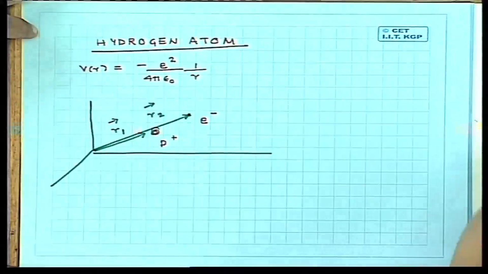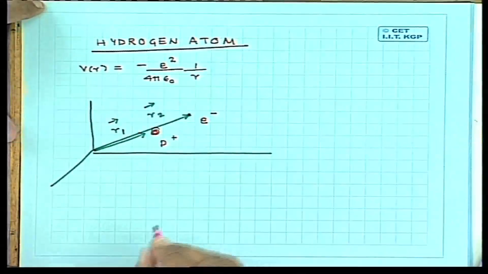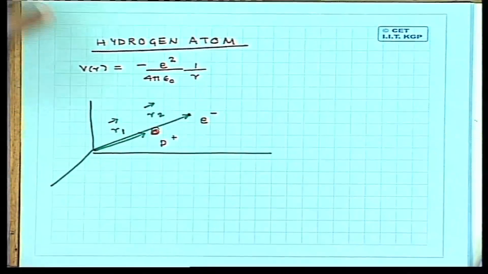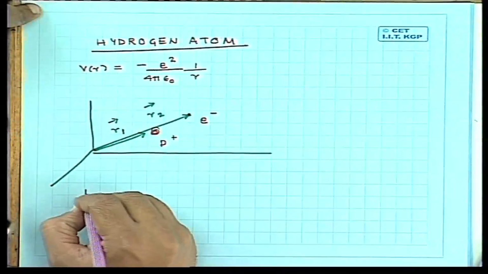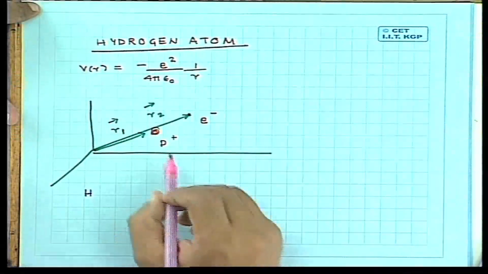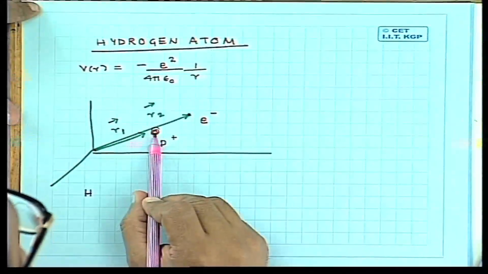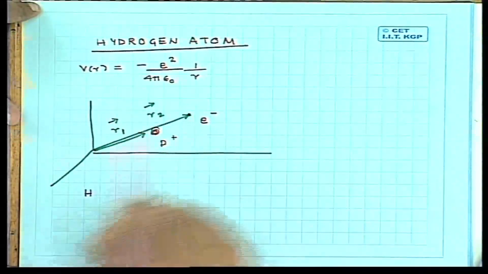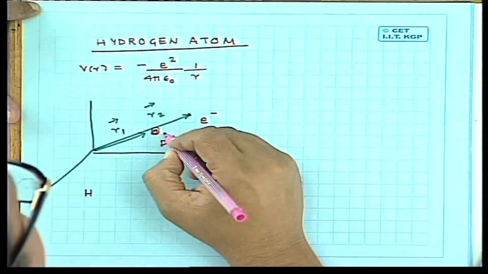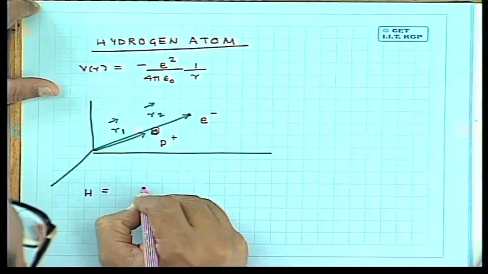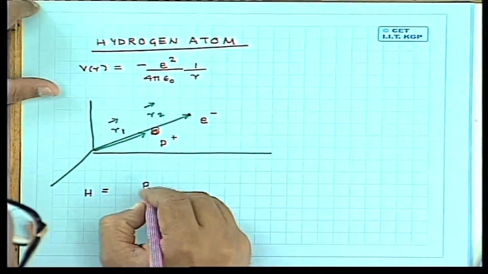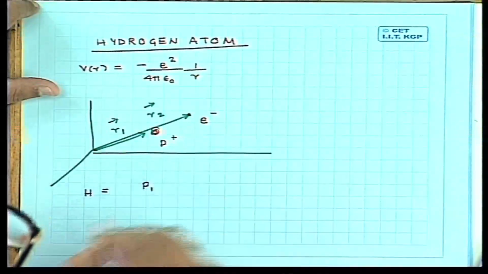So, the Schrodinger equation which we have, the Hamiltonian, let us just bother about the Hamiltonian, which is a classical quantity. So, the classical Hamiltonian is a function of the momentum of this particle and the momentum of this particle and the potential between these two. So, this is a function of P1, let us label the proton by 1.